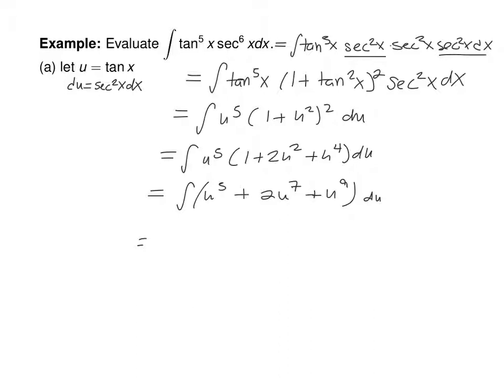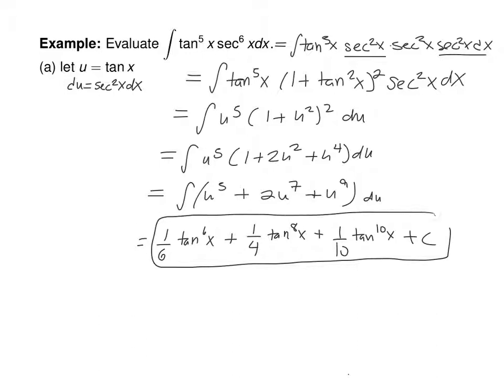The antiderivative of u to the fifth is 1/6 u to the sixth, so 1/6 tangent to the sixth. The antiderivative of u to the seventh is 1/8 u to the eighth, and 2/8 reduces to 1/4, so 1/4 tangent to the eighth x. And then u to the ninth will be 1/10 tangent to the 10th x plus c.